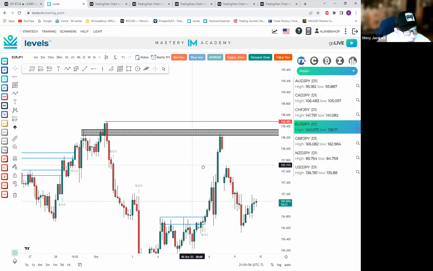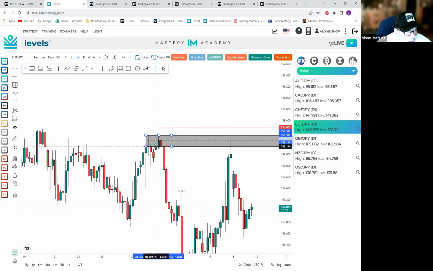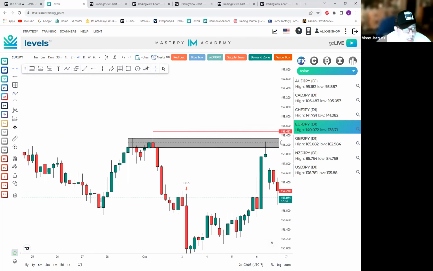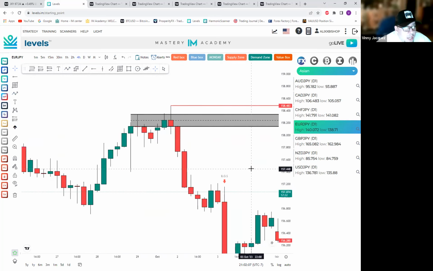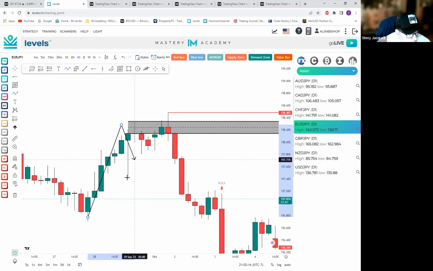Let's go up a time frame real quick. Especially if you look at it at the 4 hour, you definitely get that. Now we have literally two entries in the same area. Notice how we have a high and then we have this wick. So now we would need to break that.